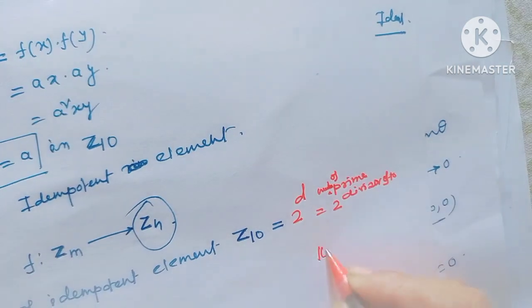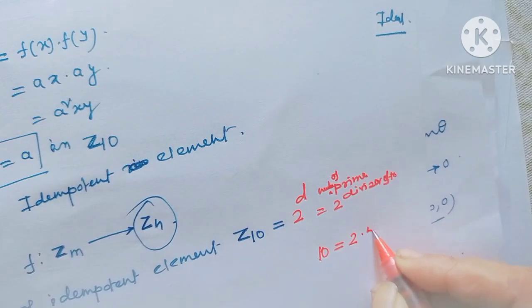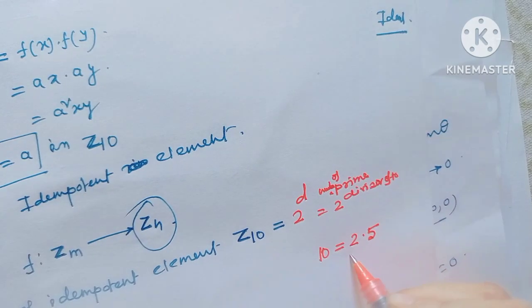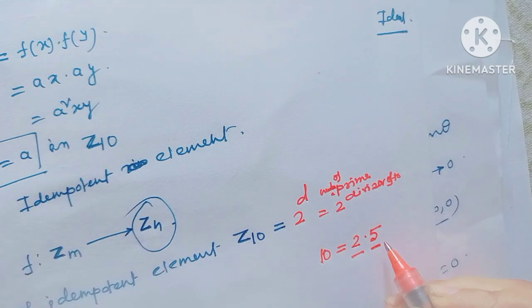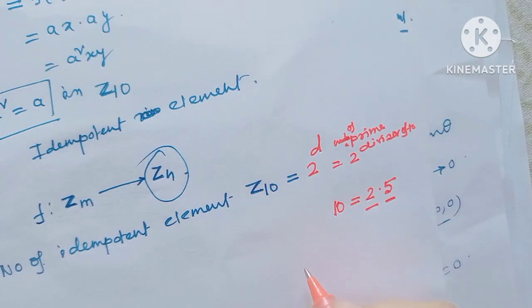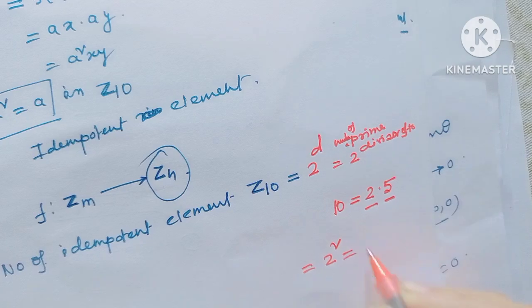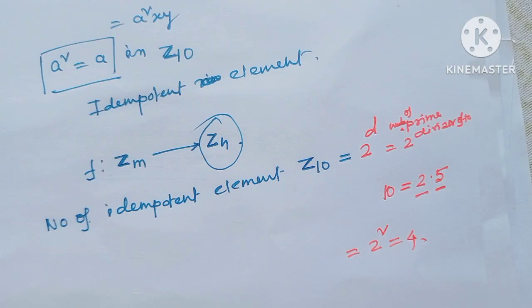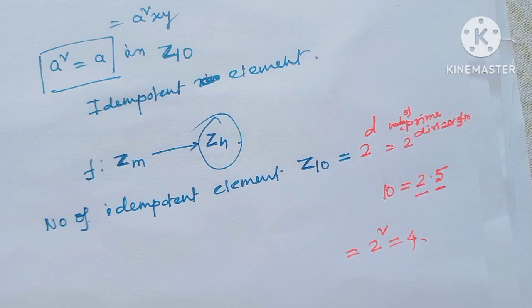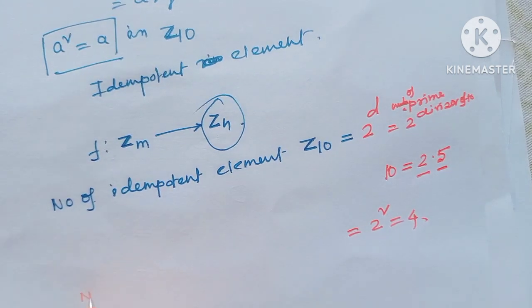Notice here 10 means 2 times 5. Therefore, the number of prime divisors is 2. So this would be 2 to the power 2, this would be 4. So the number of idempotent elements in Z10 is 4.